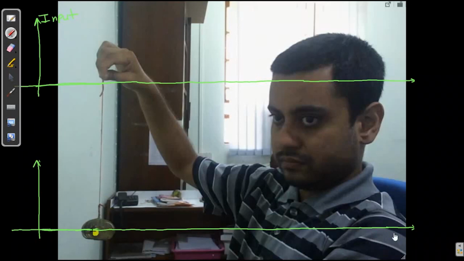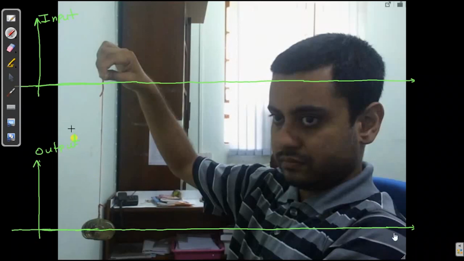And the height or position of this paperweight from this horizontal line is my output. At this moment input is 0 and output is also 0. Now if I increase the input, output will also increase or change.